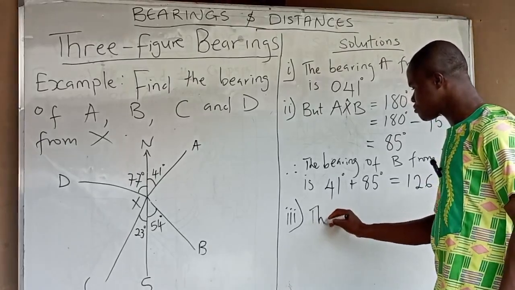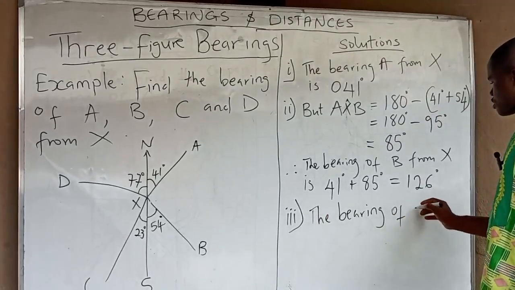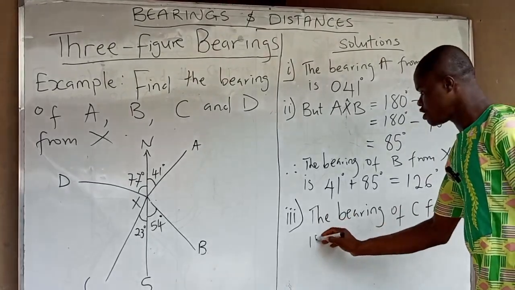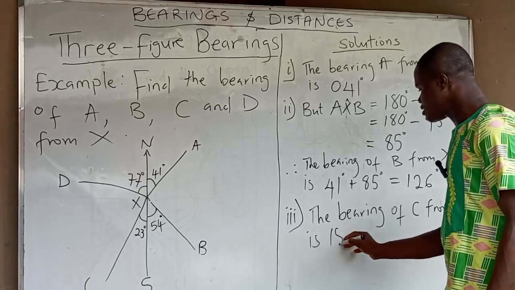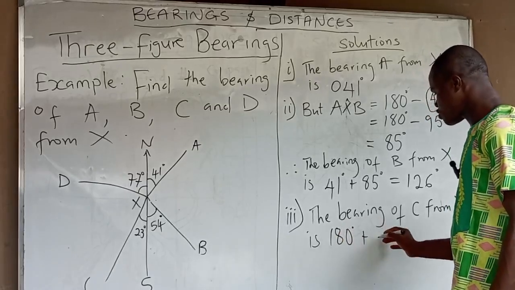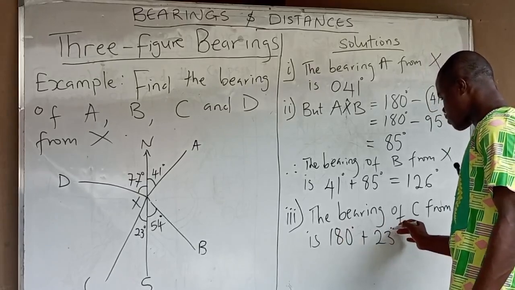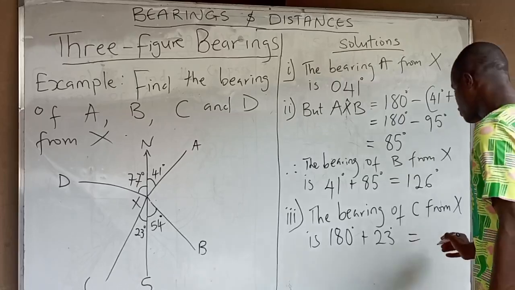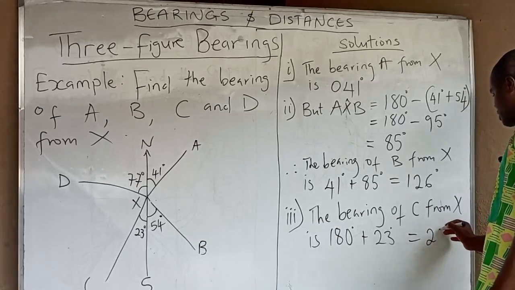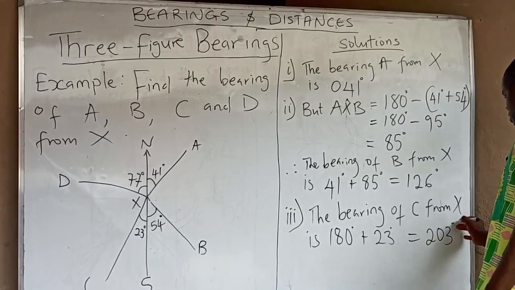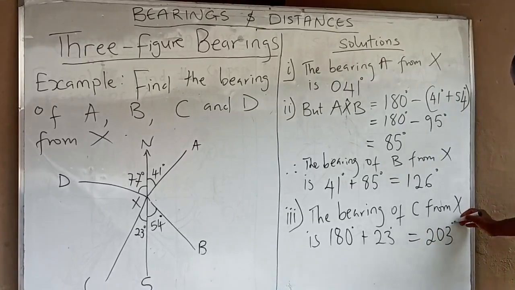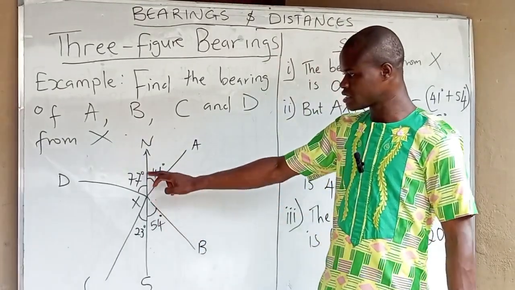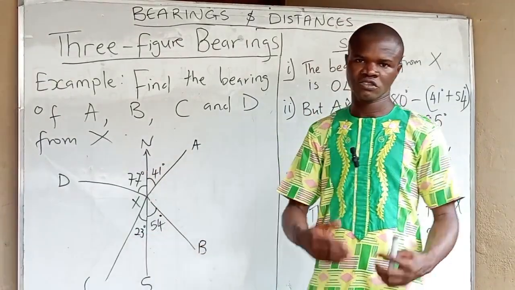Therefore, the bearing of C from X is 180 degrees plus 23 degrees, that is this 23 degrees, and this will give us 203 degrees. That is the measurement of C from X. Just go from north towards C.